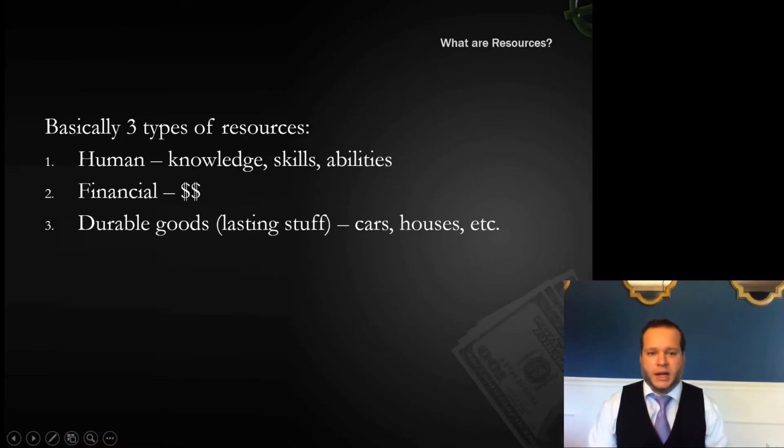All right, so the book talks a little bit about three different types of resources that are available. Human capital or human resources, that's your knowledge, your skills, and ability. Durable goods is another category. It's the stuff that you use, your house, your car, your phone, your clothes, those types of things. Human resources and durable goods both bring us satisfaction directly.